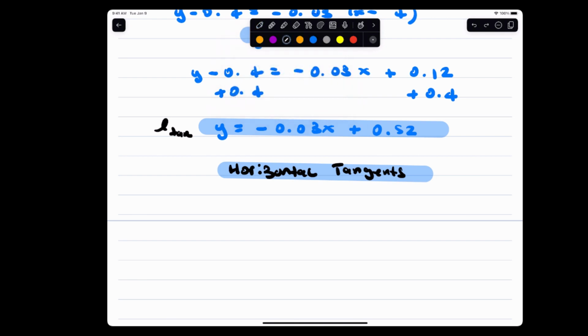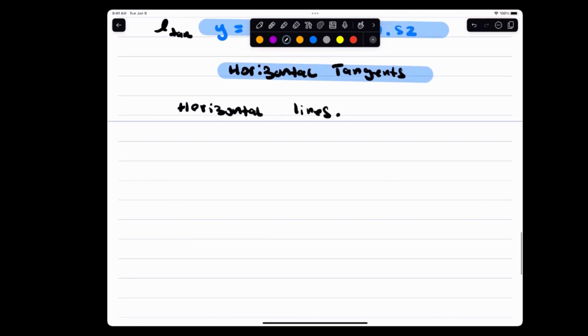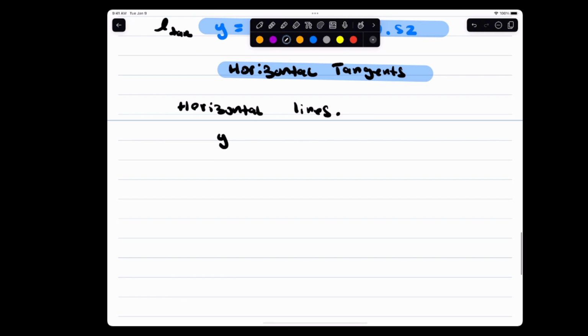What do you mean by a line that's horizontal? It looks like this. It's a line where y is a constant, from beginning algebra. Is that right? Do you guys remember that? So sometimes we write it this way: y equals c.